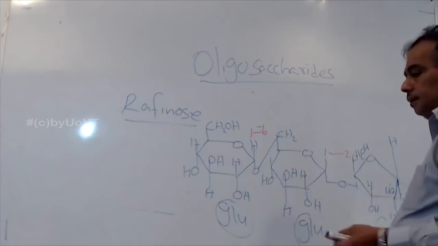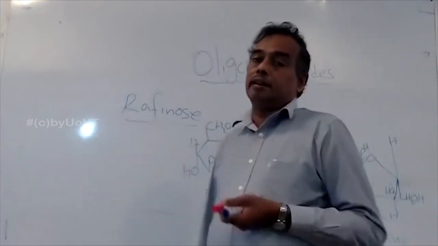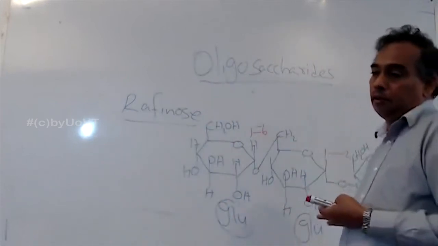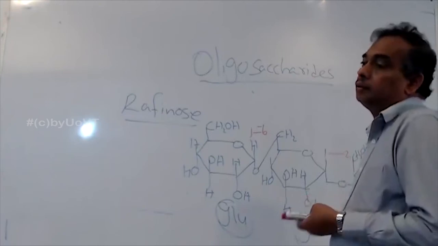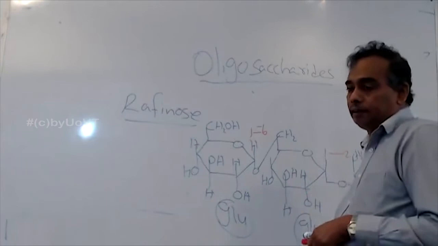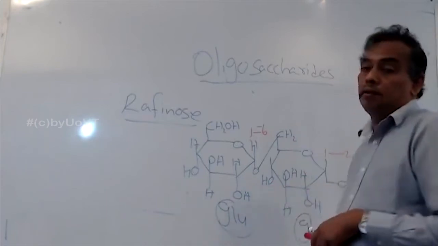Sometimes you may think like this: although this is a non-reducing sugar, when people consume cabbage, beans like this, after digestion they can convert into reducing.